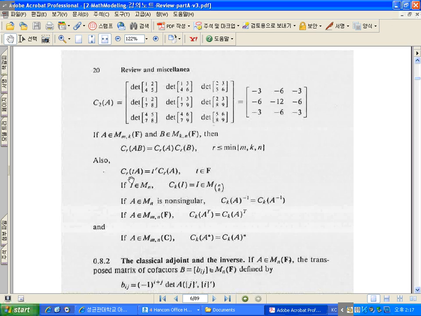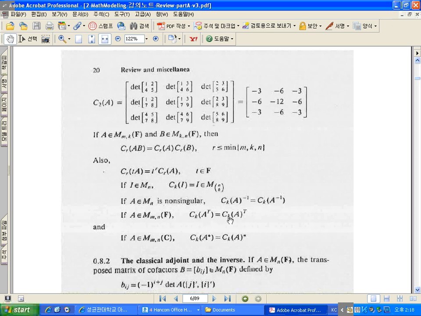And it also holds similar properties that we have seen on matrices, such as Ck of I is the identity, and the inverse of Ck of A is Ck of A inverse.